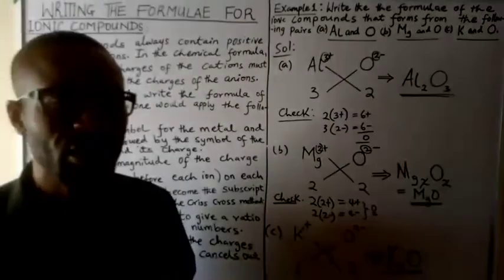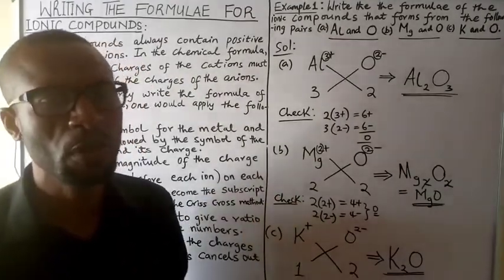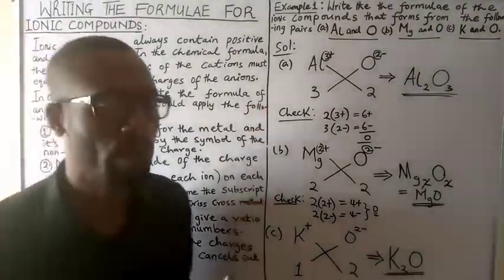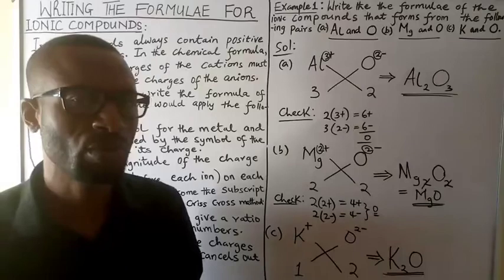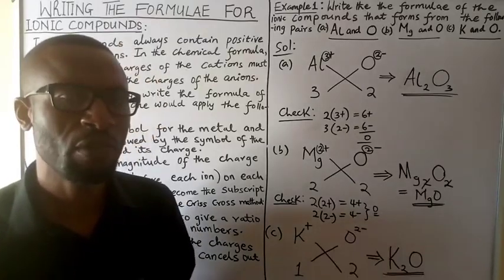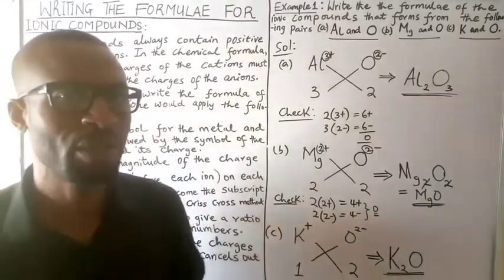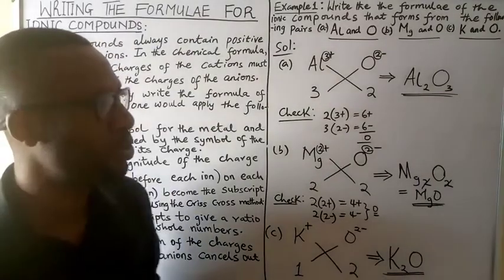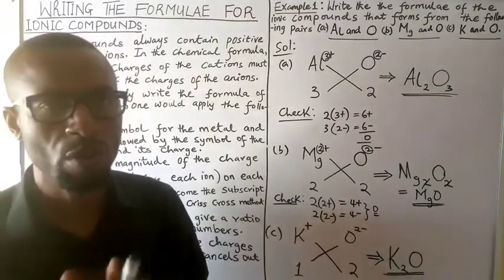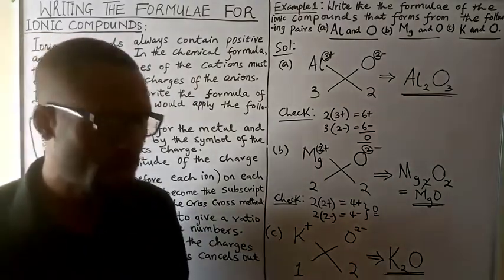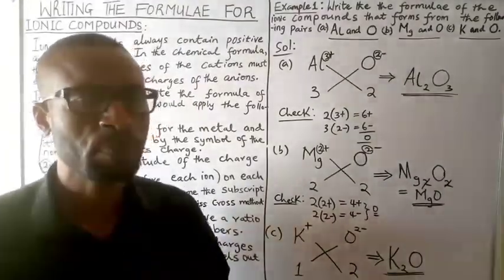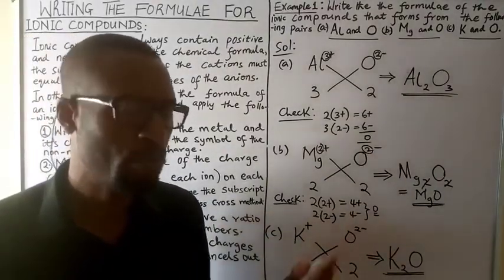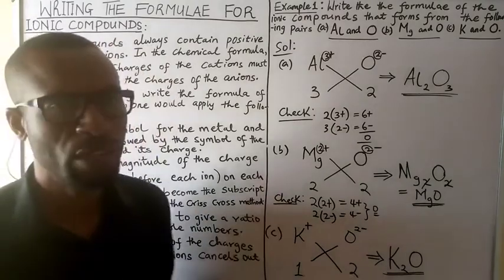So some students, even at the advanced level, still struggle with learning how to name some of those complex ionic compounds. But before the end of this series, before we go into the energetics of ionic bonding, we're expecting that our students will all know how to name both simple and complex ionic compounds. And we will also make room for our students to appreciate the different wonderful properties of ionic compounds.